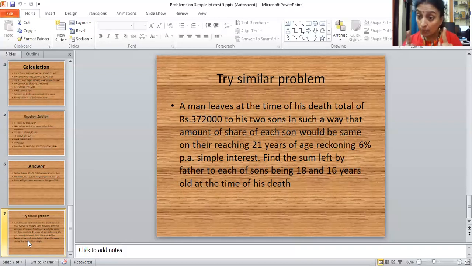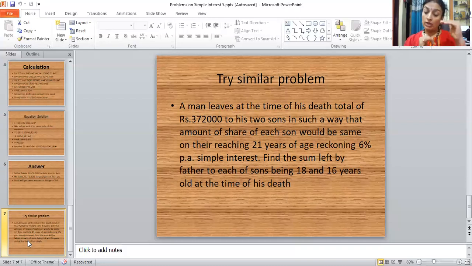Here, what we are supposed to do? Find the sum left by father to each of the sons, being 18 years and 16 years old at the time of his death. Now, age of sons, elder one 18 years, younger one 16 years. They get the amount at their 21 years old age.